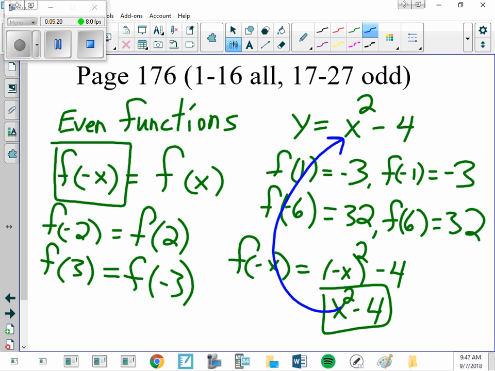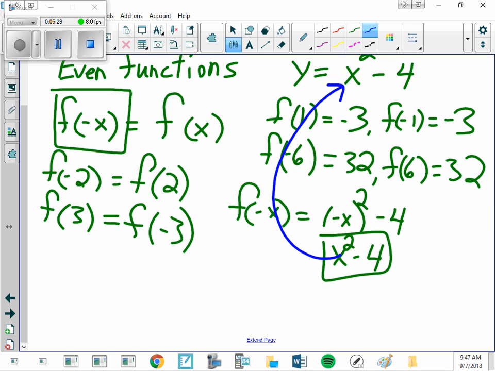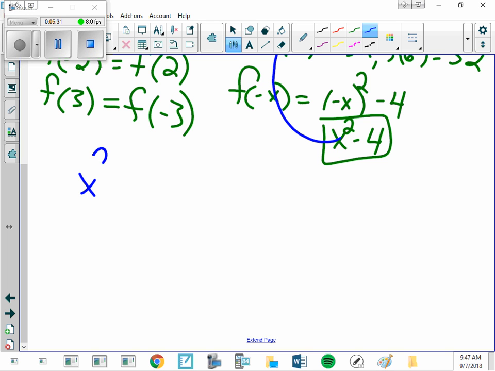So are all quadratics even functions? No. Okay, let's use a different quadratic. Let's do x squared minus 3x minus 5. Okay, let's plug in, give me a number, 3. So 3 squared is 9, minus 3 times 3, 9. So 9 minus 9 is 0. 0 minus 5 is negative 5.